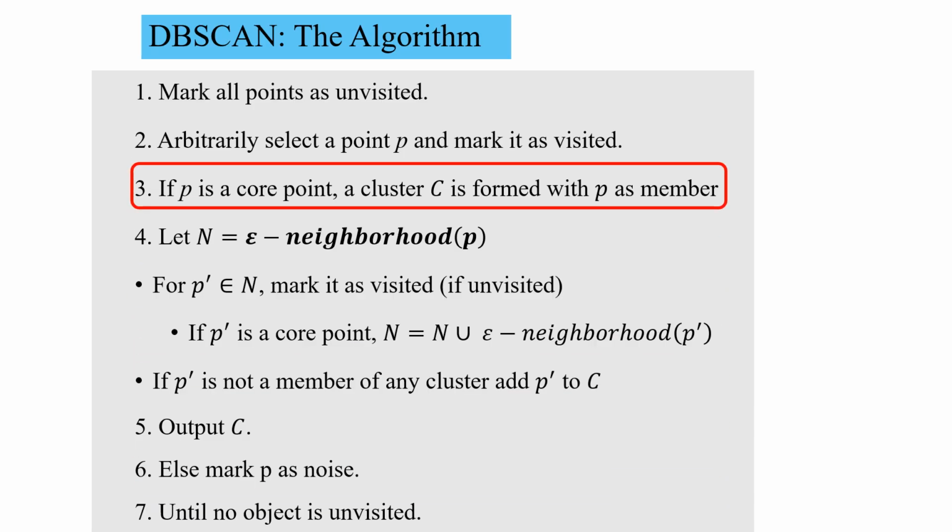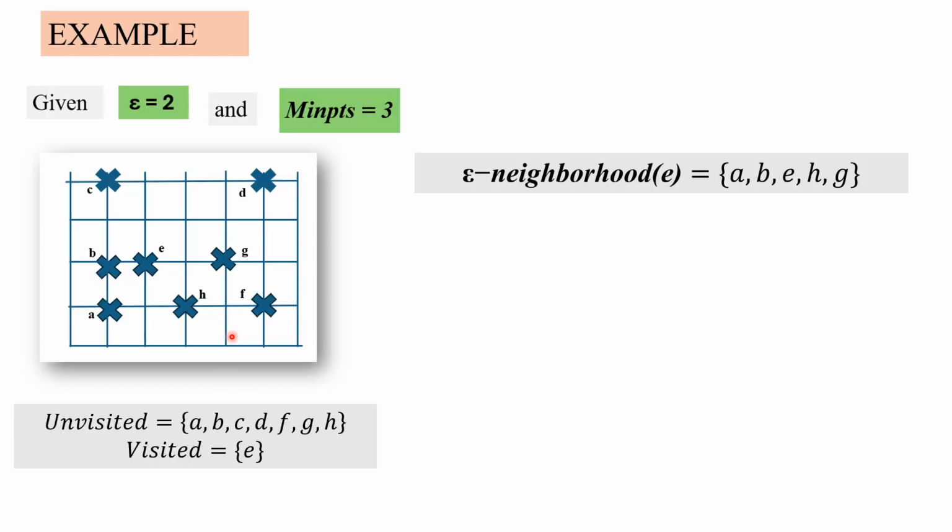We come to the third step. If P is core, form a cluster, include it as a member. We see that the chosen object was E. This is E. And what about its epsilon neighborhood? Because epsilon equal to 2, we have B, we have A, we have H, we have G, and E itself.